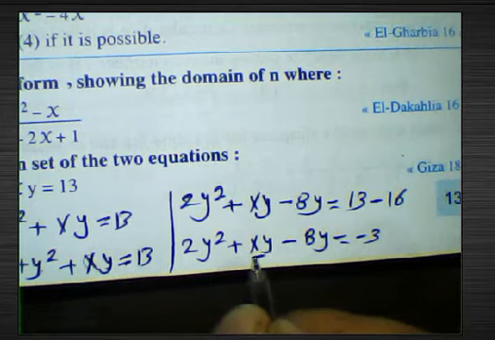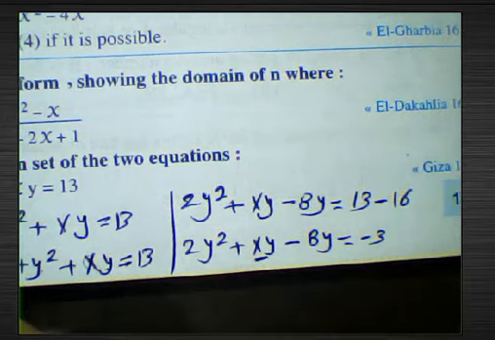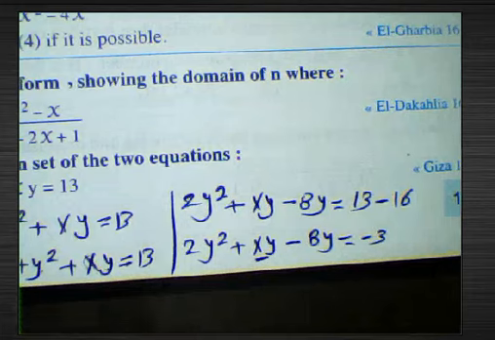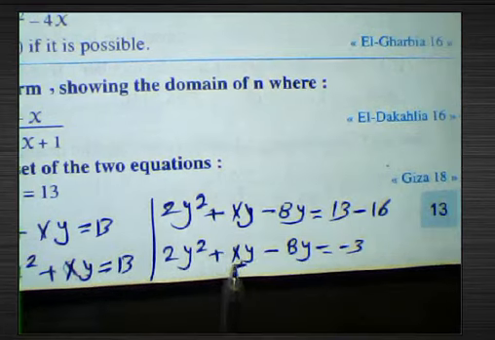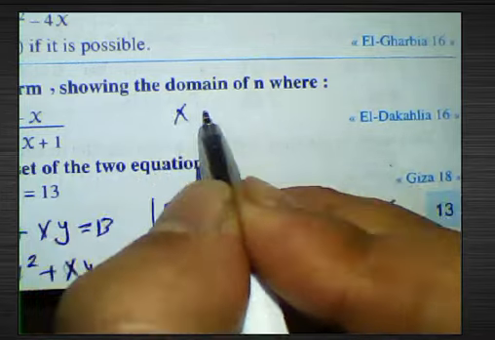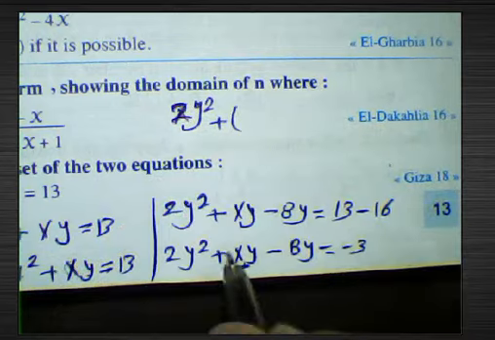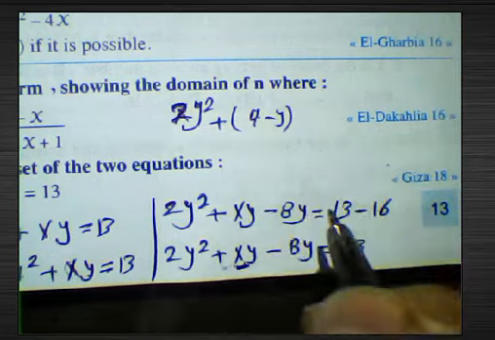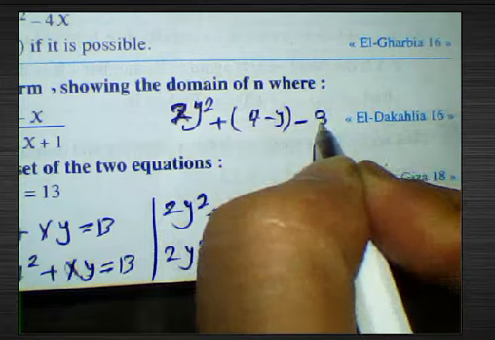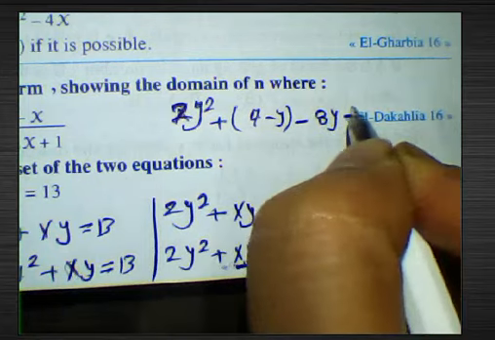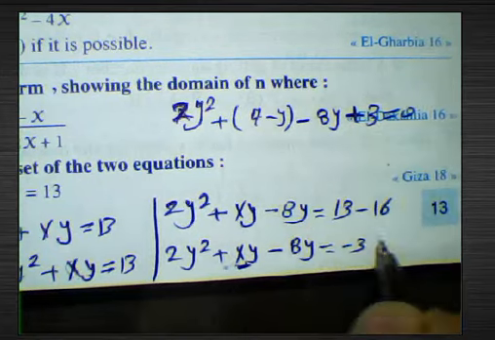And then you can substitute the value of x equals 4 minus y right here. x equals 4 minus y. Then you can write 2y squared plus, open brackets, (4 minus y) y, minus 8y plus 3 equals 0.